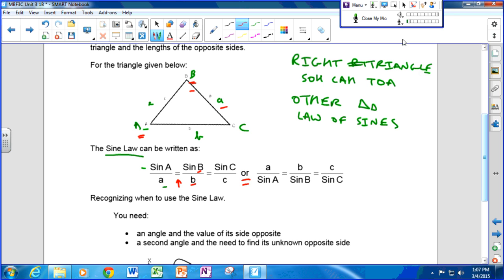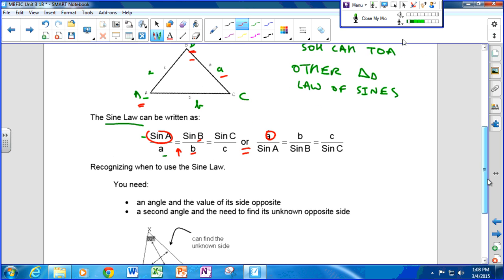The reason you're going to pick that is if you're trying to find the sine of A, then you're going to pick this format because you want to have the unknown in the numerator. And if you're trying to find A, the side length, then you want to pick that format. It saves you a step when you're trying to isolate the variable.